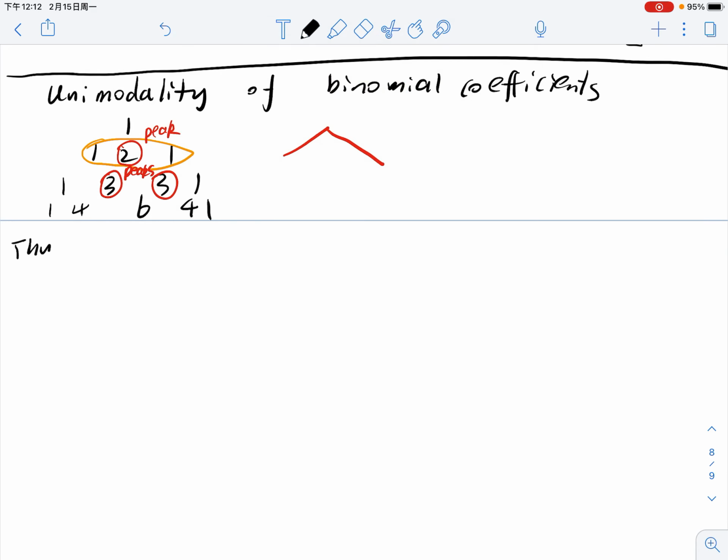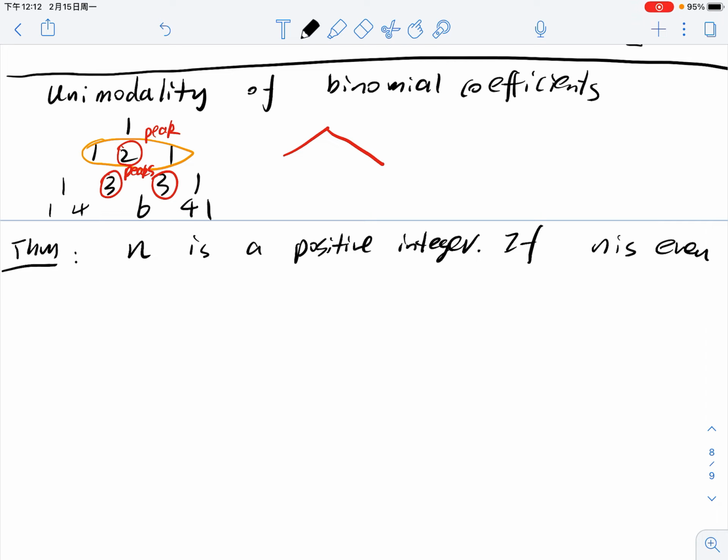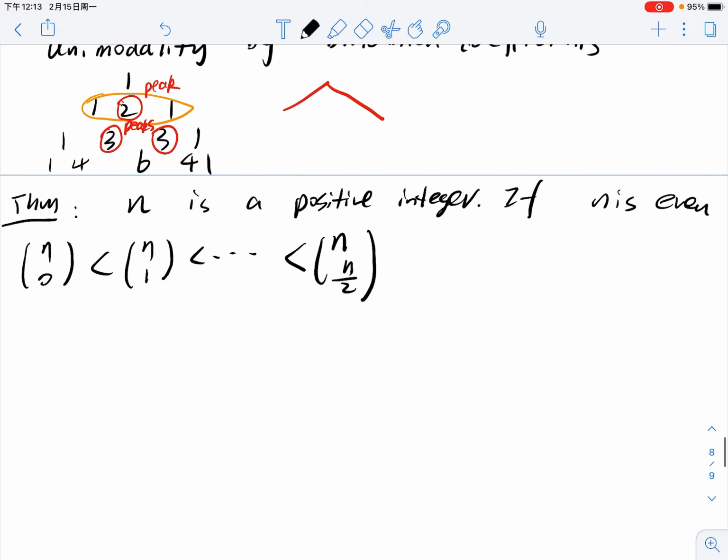So next, we rigorously prove this observation. Suppose n is a positive integer. If n is even, then we have the strict inequality n choose 0 less than n choose 1, and so on, up to n choose n divided by 2, greater than n choose n divided by 2 plus 1, all the way to n choose n.